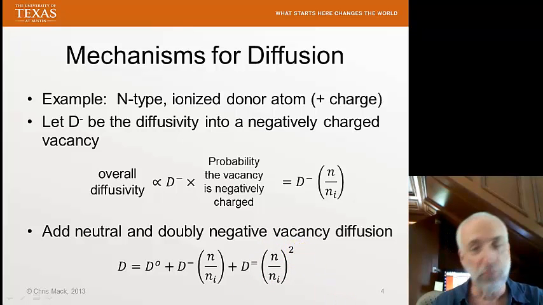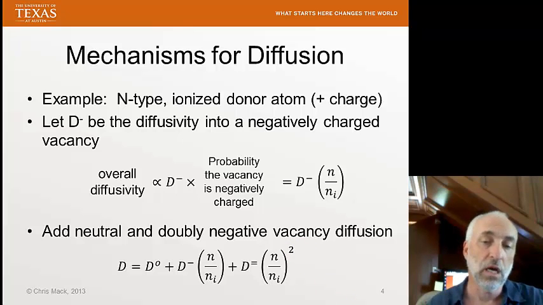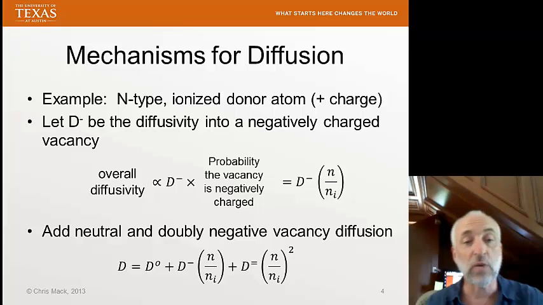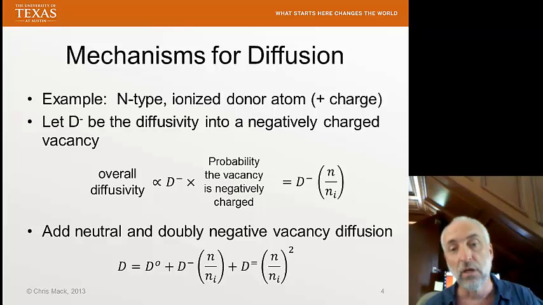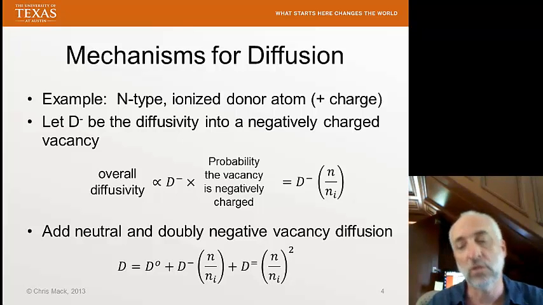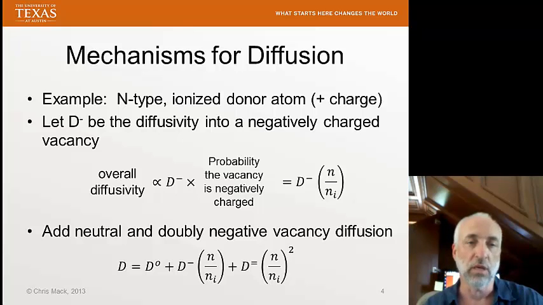And 3 would be N over Ni cubed, etc. This is how we combine all of these terms together and see what the final diffusivity will be.